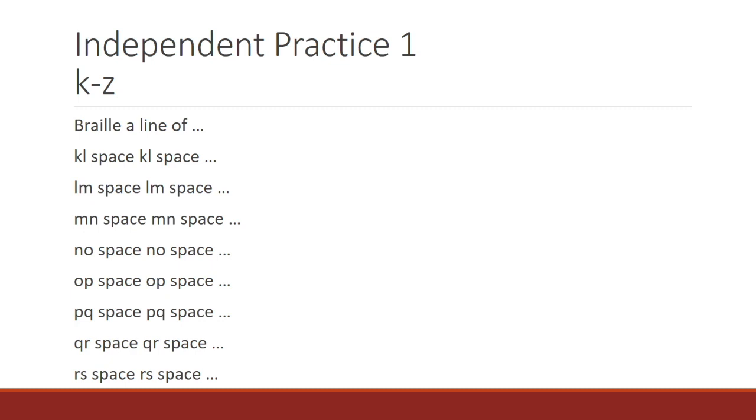Here is independent practice 1, K through Z. Braille a line of KL space, KL space, LM space, LM space, MN space, MN space, NO space, NO space, OP space, OP space, PQ space, PQ space, QR space, QR space, and RS space, RS space.